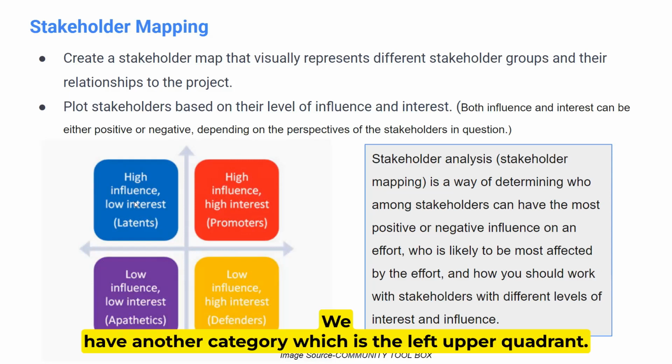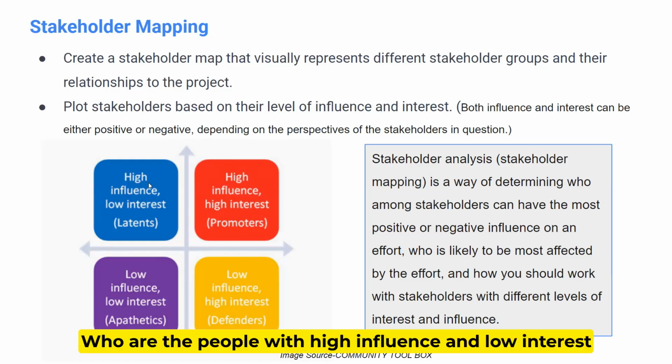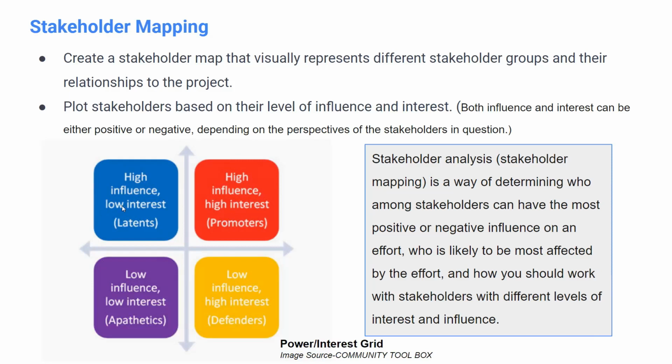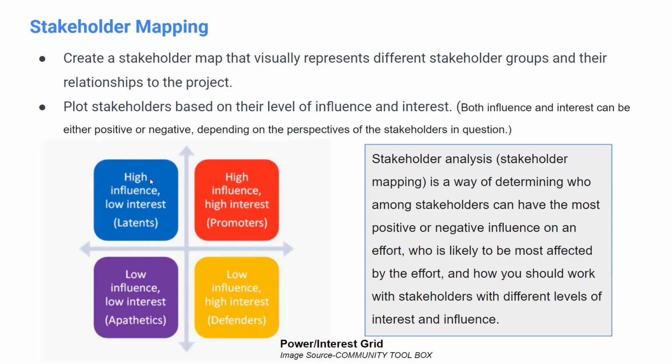We have another category, which is the left upper quadrant. Who are the people with high influence and low interest? You also need the buy-in of these people. The secondary stakeholders can fall under this left upper quadrant.